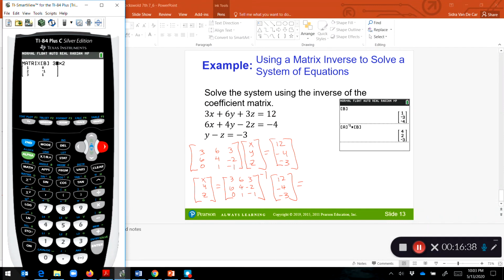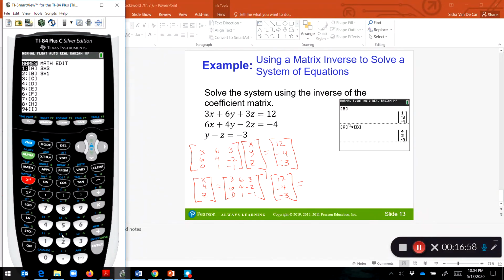And our values are 12, negative 4, and then negative 3.